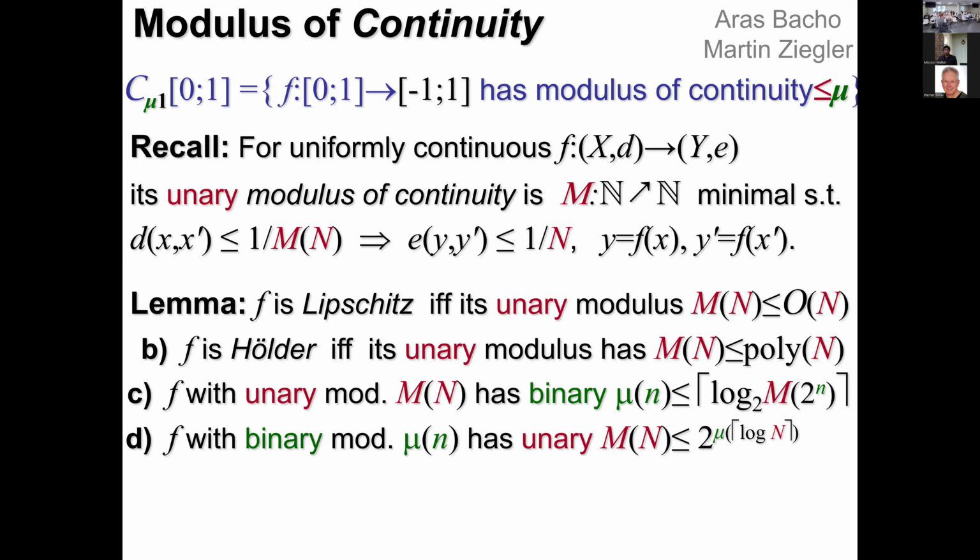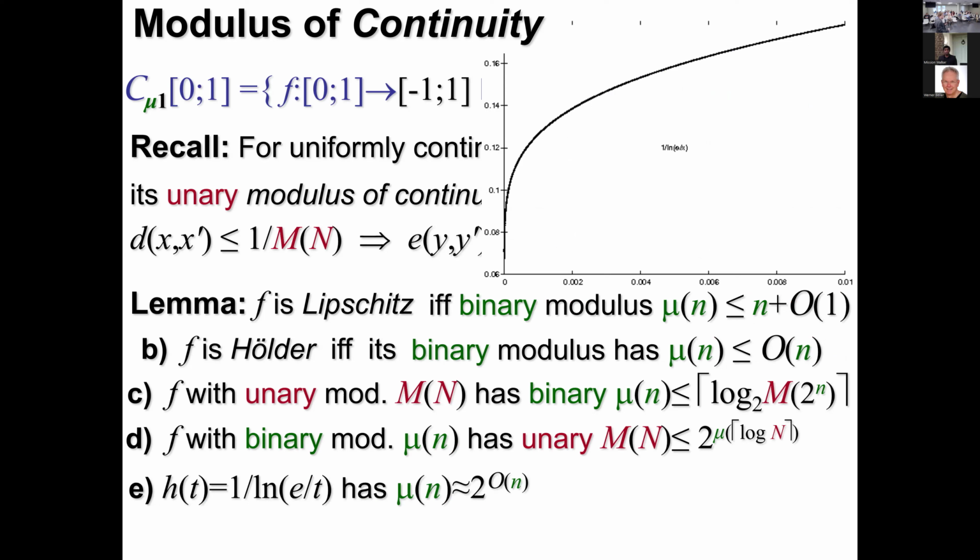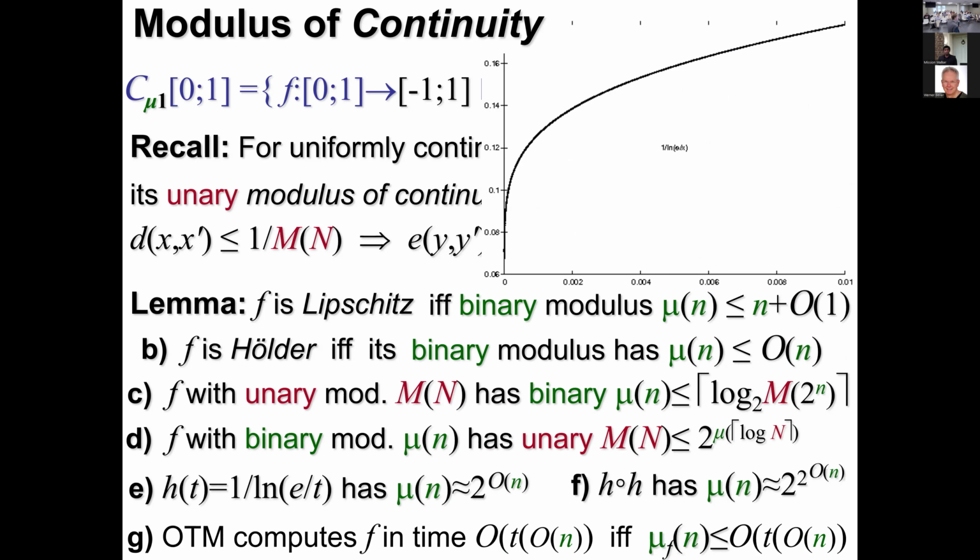It's because the modulus is an integer function, and there are explicit examples of functions which have exponentially large binary modulus. Basically, this function is very steep, but it is still continuous here, even at 0. And this translates to computational complexity intuitively.